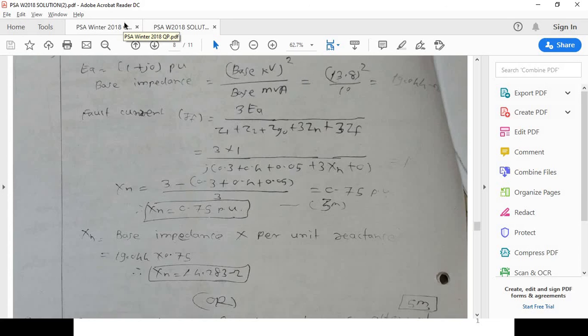Always keep in mind that regarding the numerical, you should have the idea about the basic values. Whenever you solve a numerical, first of all write down the given data, then the required data, and if there is any assumption, then the basic formula. Then if possible try to draw the diagram as per the given data, and only then try to solve the numerical.